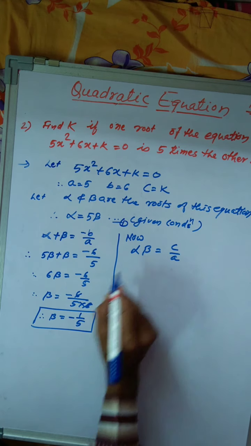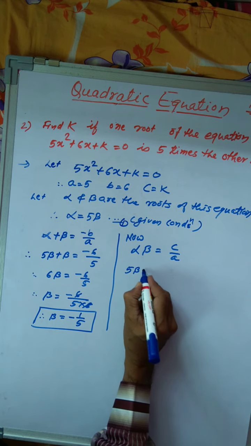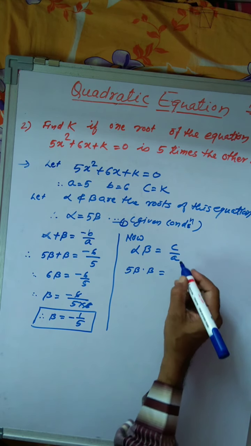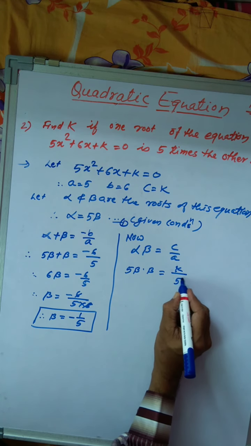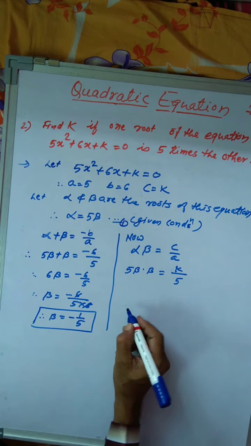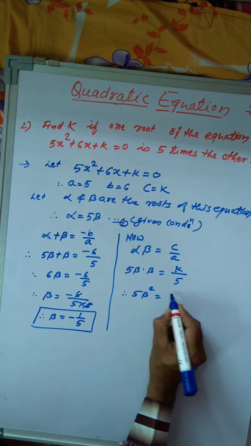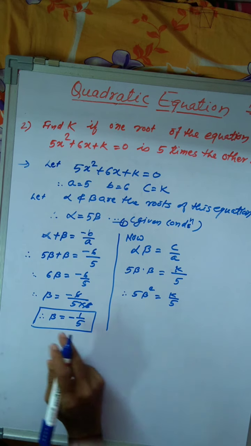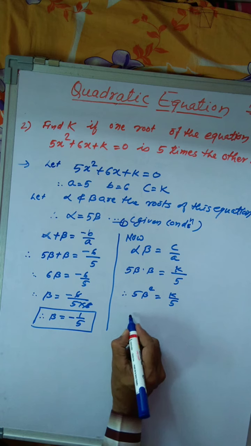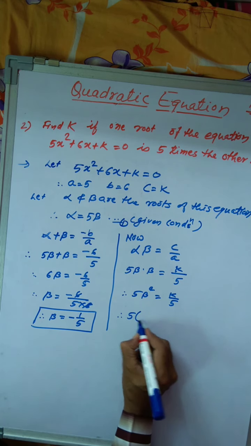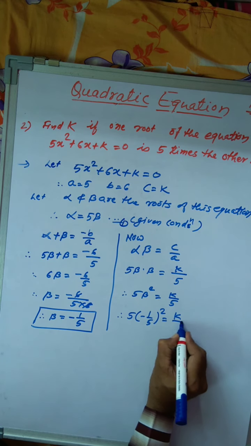Now alpha is 5 beta, that means 5 beta into beta is equal to c upon a, which is k upon 5. Hence 5 beta square is equal to k upon 5. Now put the value of beta is equal to minus 1 upon 5. Hence 5 into bracket minus 1 upon 5 bracket square is equal to k upon 5.